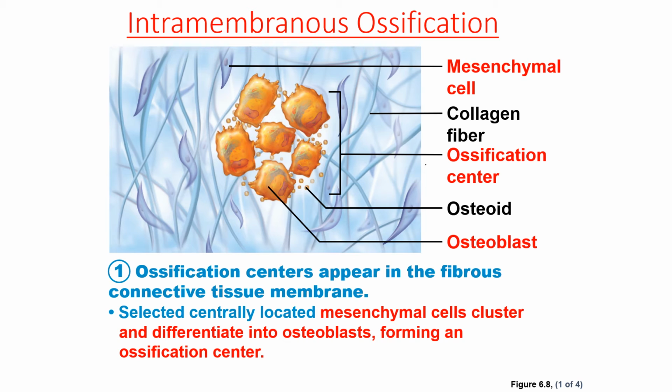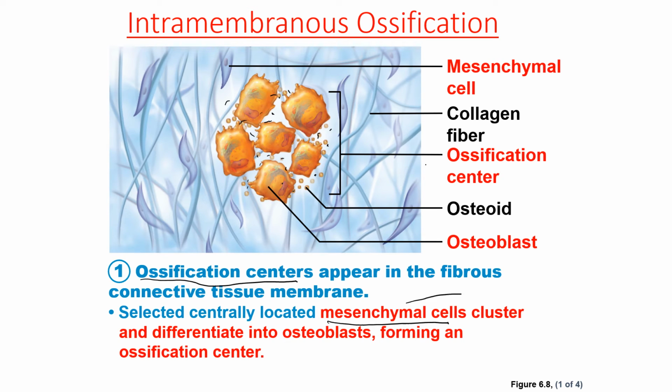Intramembranous ossification begins when a cluster of mesenchymal cells come together to create an ossification center. These cells begin to secrete matrix from which calcium phosphate crystals will be deposited.